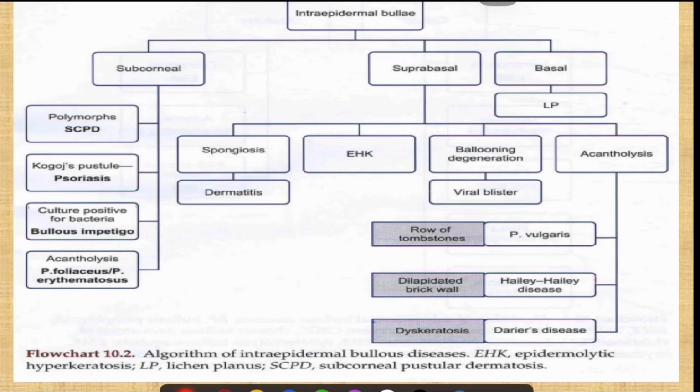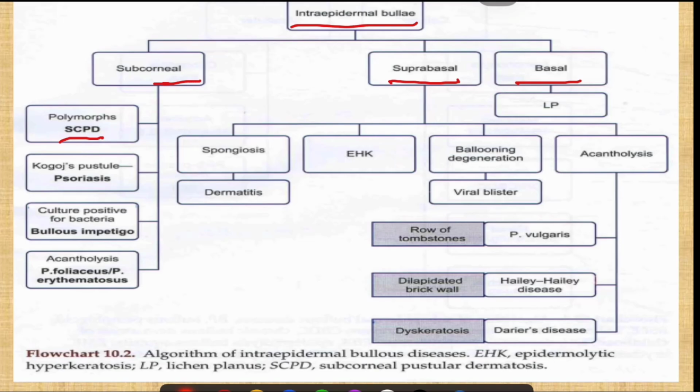So in this flowchart, you can identify if intraepidermal bullae are there, whether it is subcorneal, suprabasal or basal. So subcorneal, if it is there, then it is subcorneal pustular dermatosis where polymorphs are present.